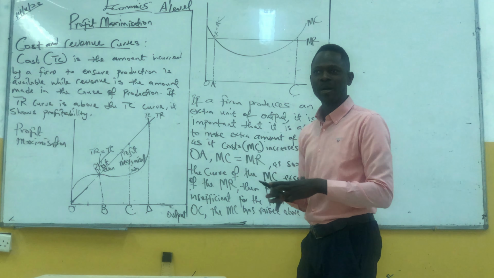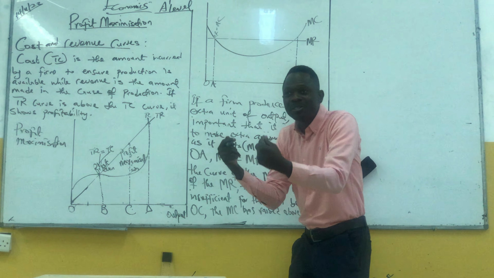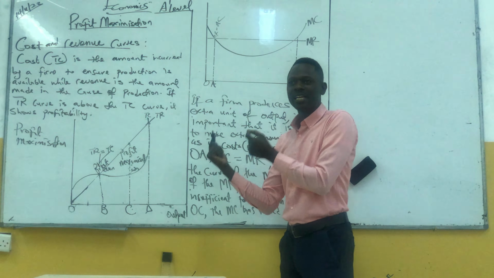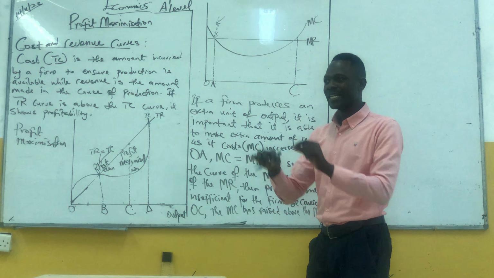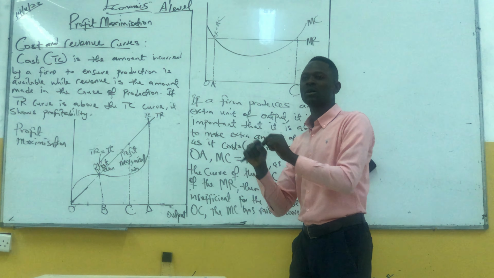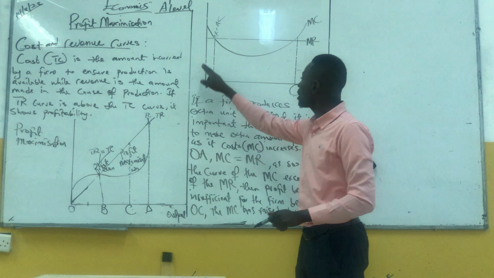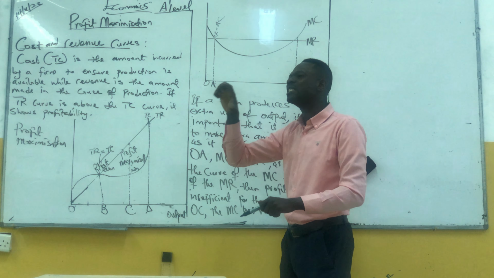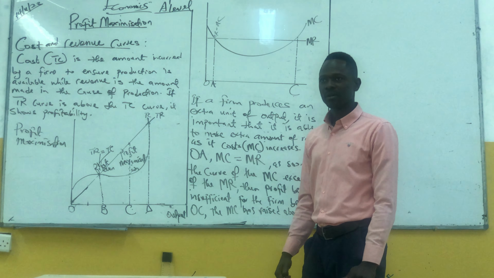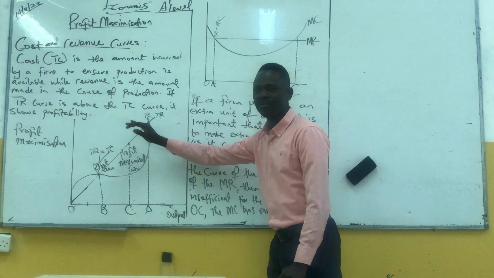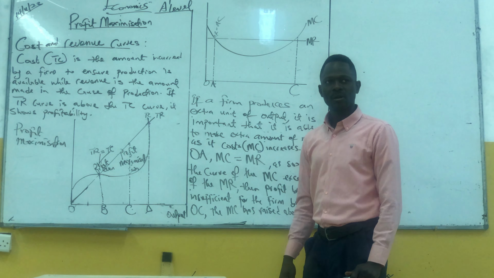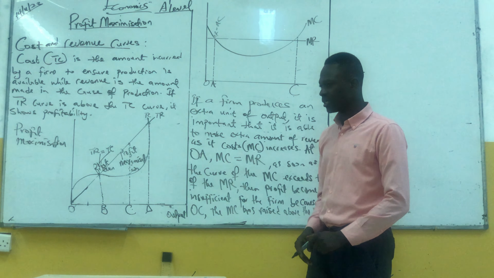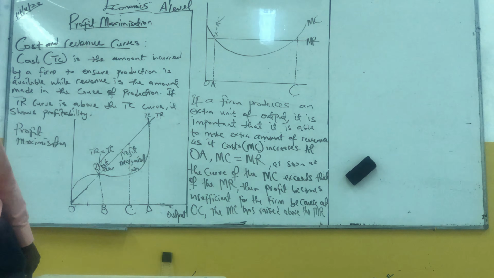It's still profit maximization because you have produced extra units. When you have produced extra units, you incur an extra cost, which we call MC, marginal cost. When your marginal cost equals your marginal revenue, it's still profit maximization because you have left break-even. Is it clear?